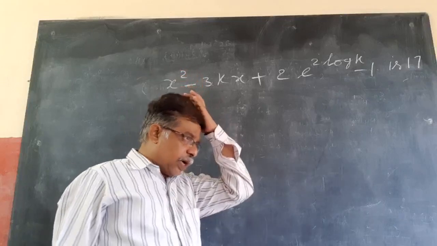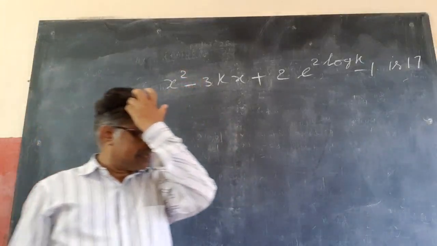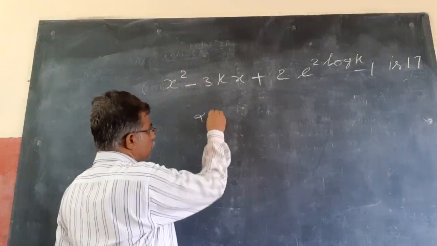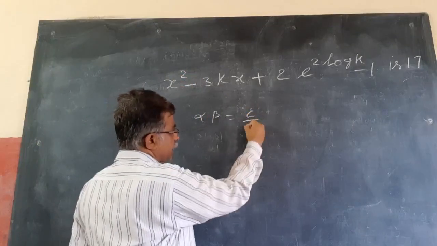So accordingly what we discussed yesterday is product of roots alpha into beta equal to c by a.